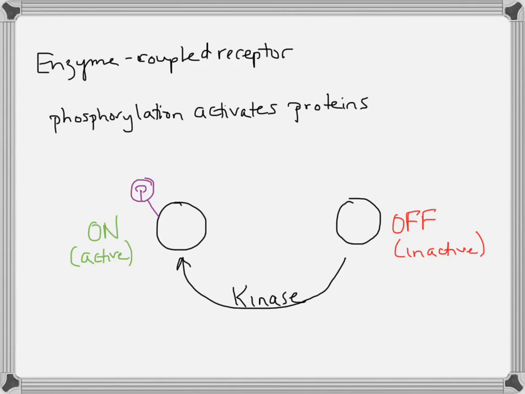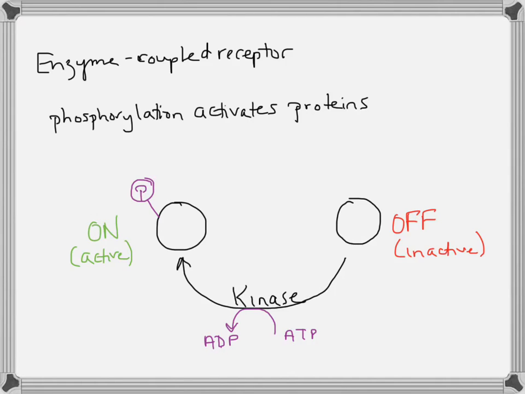The type of enzyme that catalyzes phosphorylation reactions is a kinase. Kinases phosphorylate proteins. And the way that they do this is through ATP hydrolysis. ATP becomes hydrolyzed, and the phosphate group that gets removed from the ATP in the hydrolysis to ADP then gets transferred to the substrate.